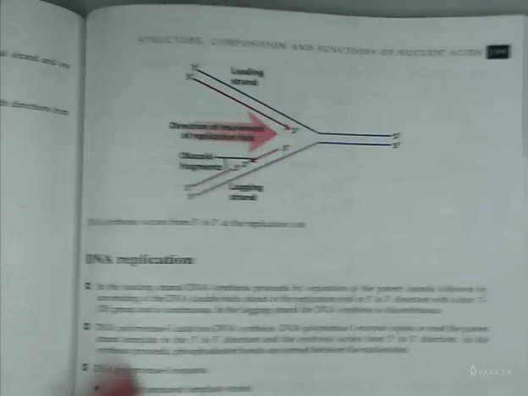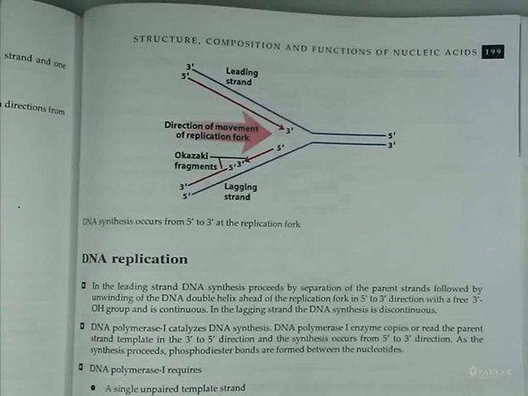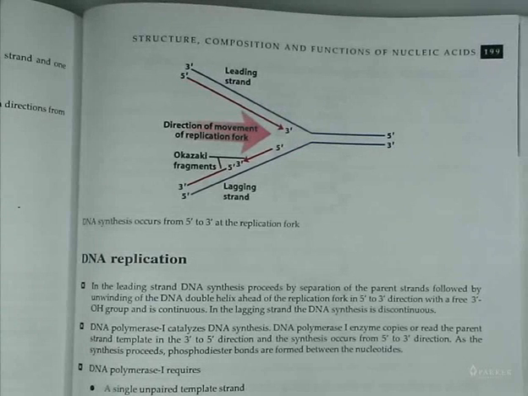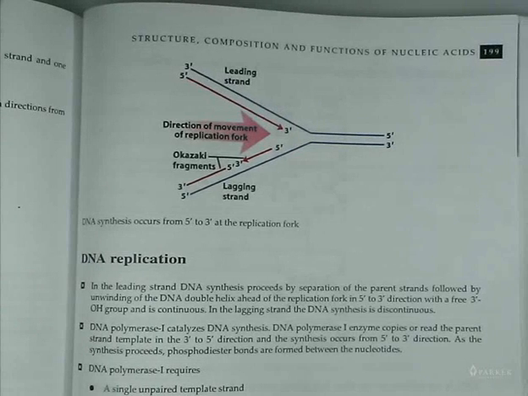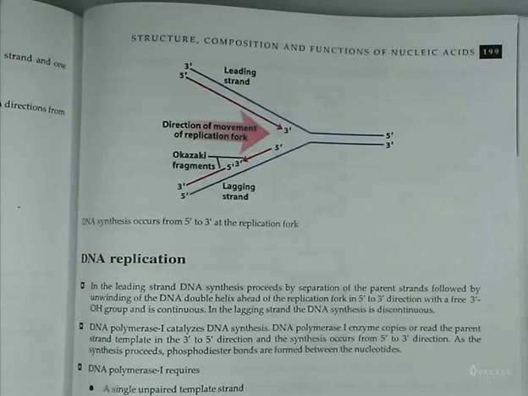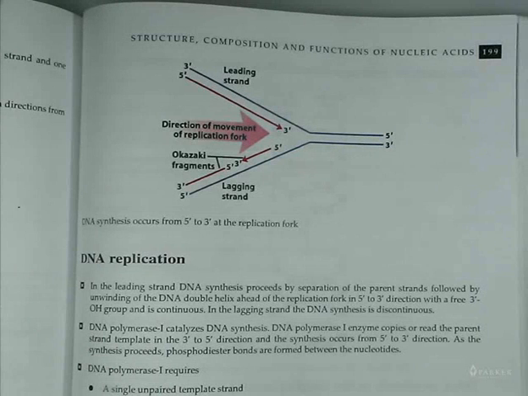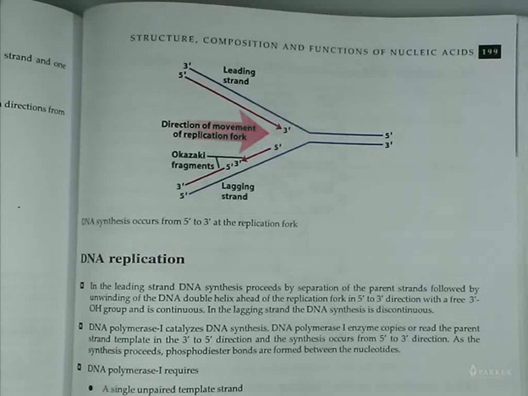And the lagging strand, is that also 5' to 3', or does it go the other way? I think they're both 5' to 3', right, because they're anti-parallel. Yeah, both of them go 5' to 3'.